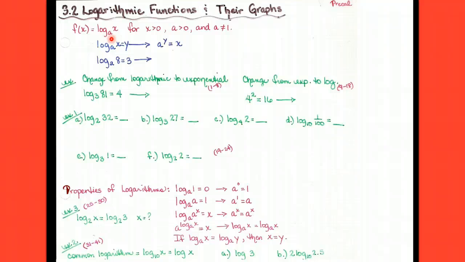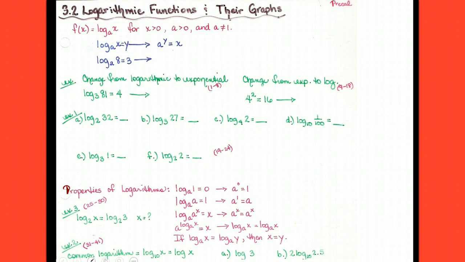And so the restrictions on a are going to have to remain the same whether it's the base of our logarithm or whether it's the base of our exponential. The only other restriction is that x has to be a number greater than 0. So what you're taking the log of, no matter what your base is, is going to have to be greater than 0.